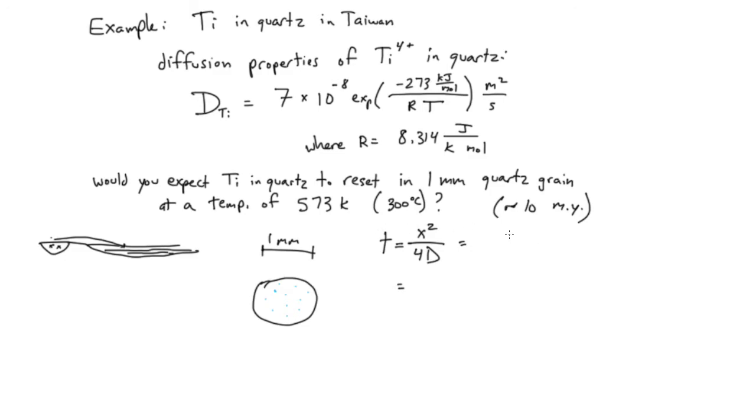So let's just use 1 millimeter, which is 0.001 meters. I'm going to want it in meters. It's going to be in the numerator. And then the denominator is going to be 4 times this thing: 4 times 7 times 10 to the minus 8.